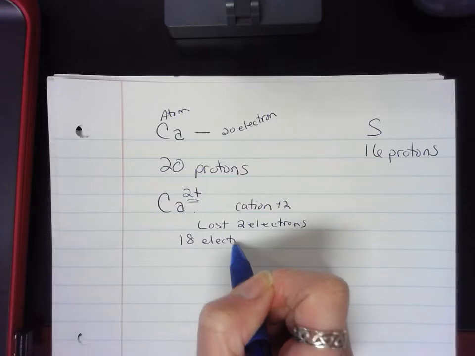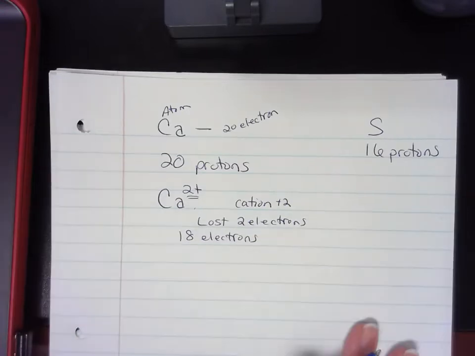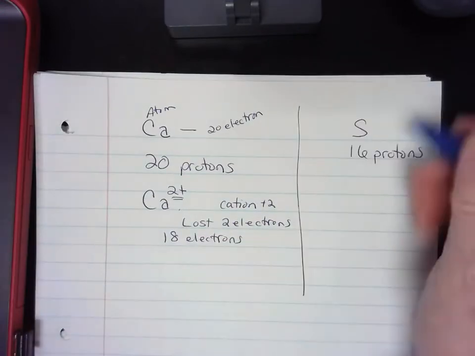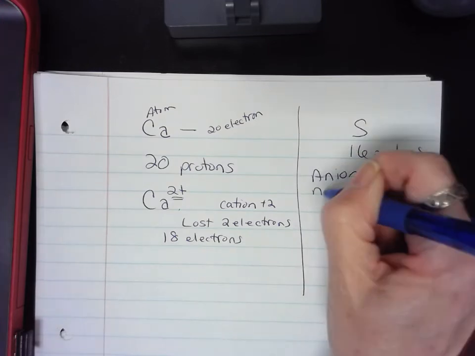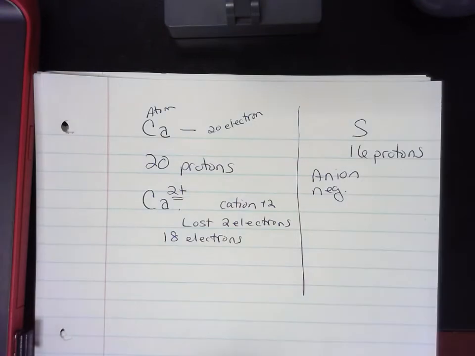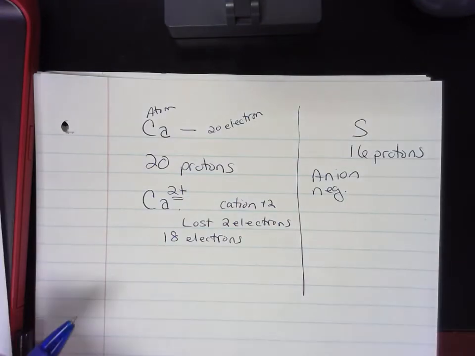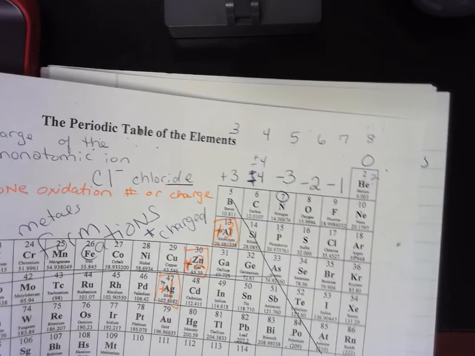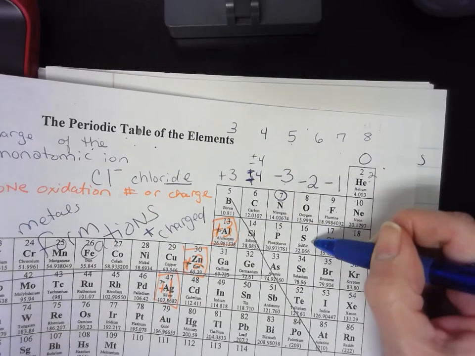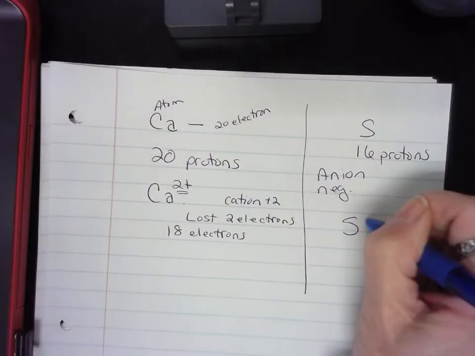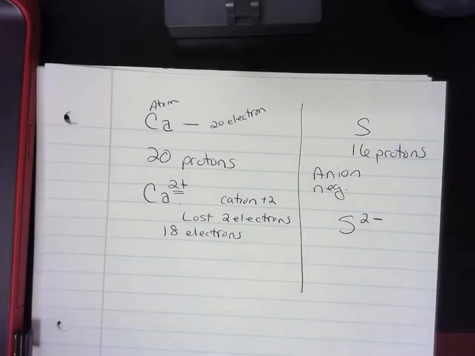On the other hand, this forms an anion, or negatively charged particle. Okay, so if you look at where sulfur is, when it is a monatomic anion, it forms a charge of -2. So sulfur gets a -2 charge. That means that it is an anion.